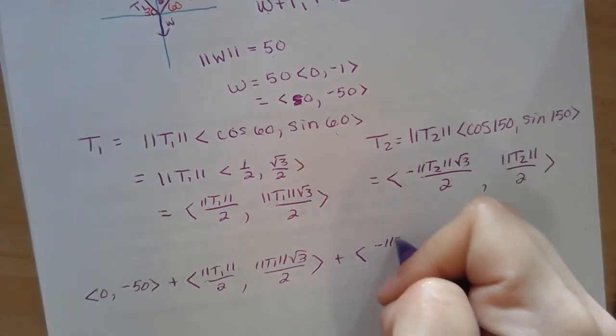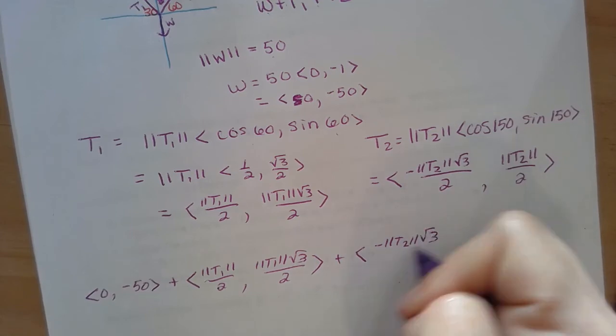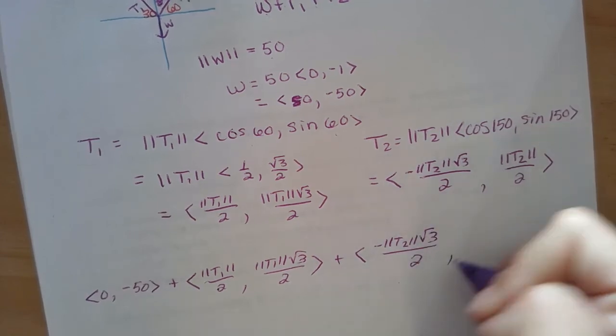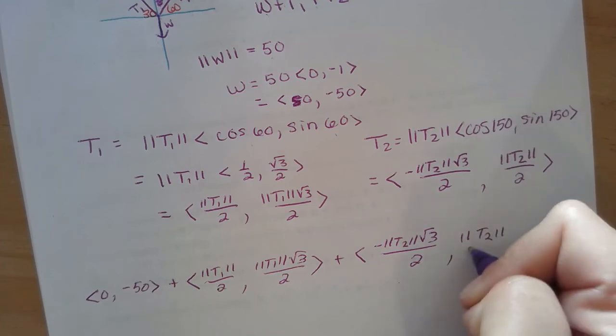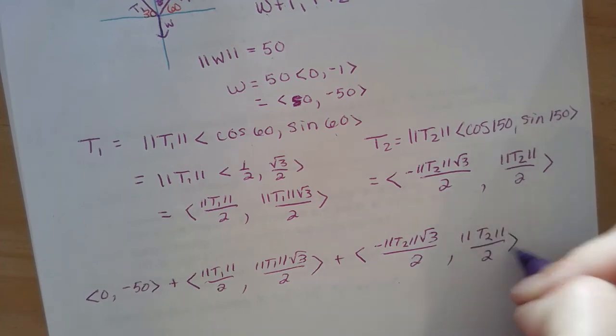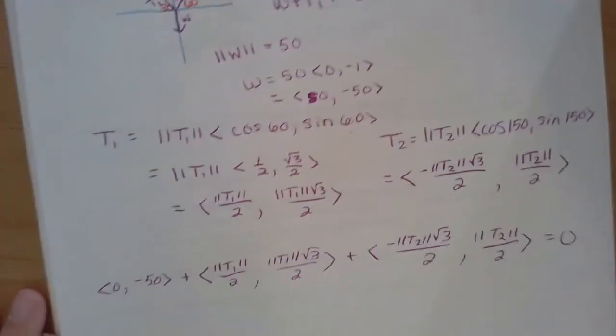Negative magnitude square root of 3 over 2, comma, T2 over 2. Alright, perfect. And remember, all of this equals 0.